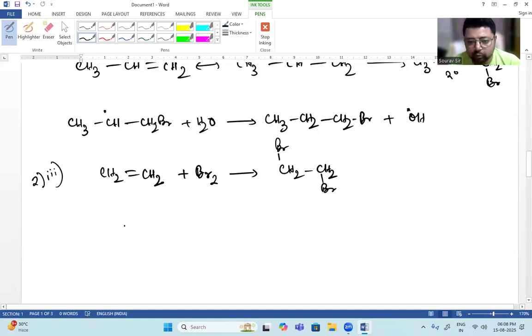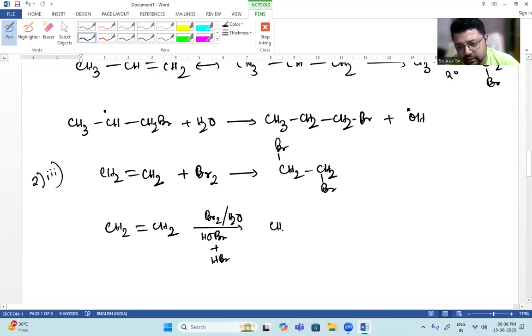If you want to add bromine water, actually here you will get HOBr and HBr. Between HOBr and HBr, HOBr is more reactive, and you will get CH2Br and OH.